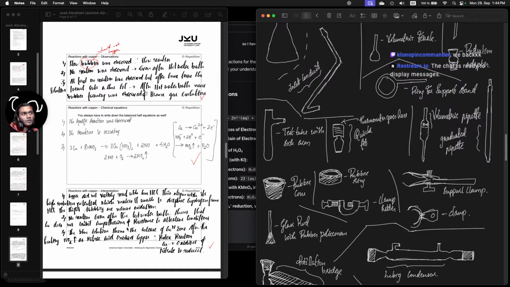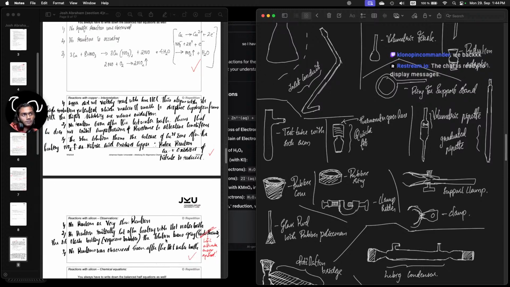Even after the hot water bath, Cu does not exhibit amphoterism and shows resilience to alkaline conditions. The blue solution shows the release of Cu2+ ions after heating, as nitric acid oxidized copper in a redox reaction. Copper is oxidized and nitrate is reduced.